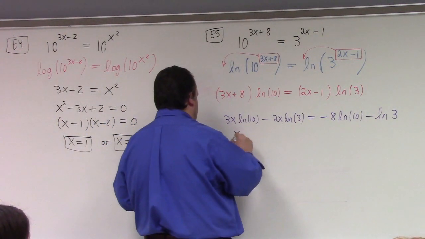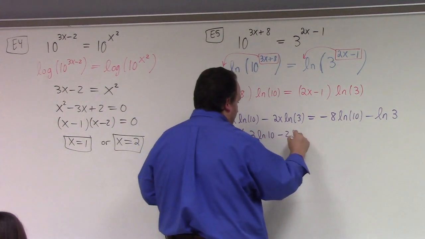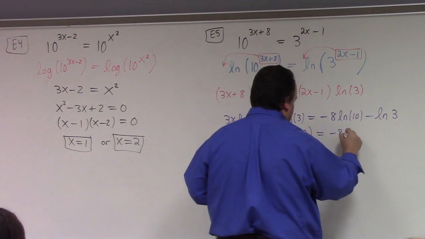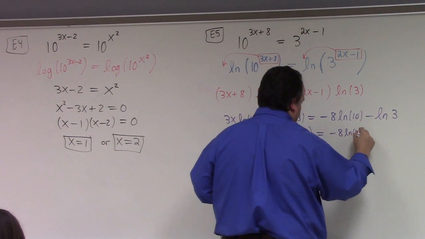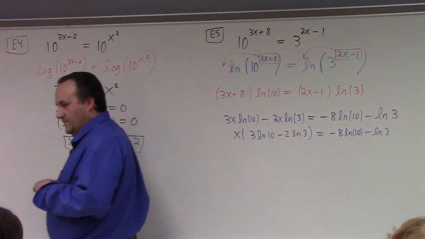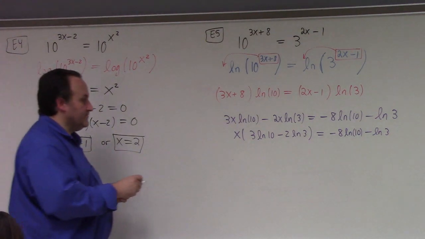This gives me x times (3 log 10 minus 2 log 3) is equal to minus 8 log 10 minus the log of 3. Finishing move, divide by the coefficient of x, and there we'll have our solution.